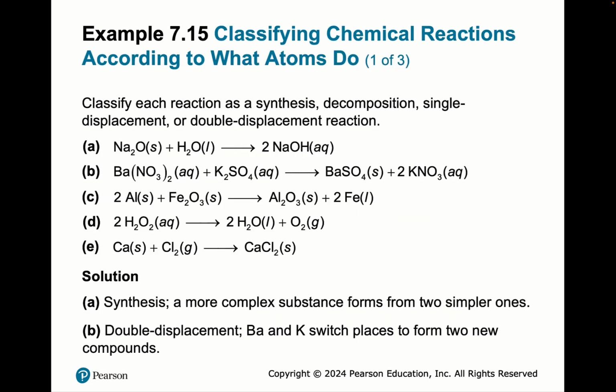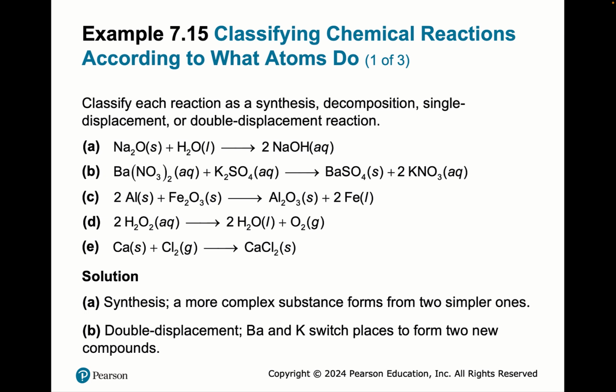So classifying reactions, what they do. Sodium oxide plus water to make sodium hydroxide. That's a synthesis. You're making something more complex from other things. Barium nitrate plus potassium sulfate, making barium sulfate and potassium nitrate.